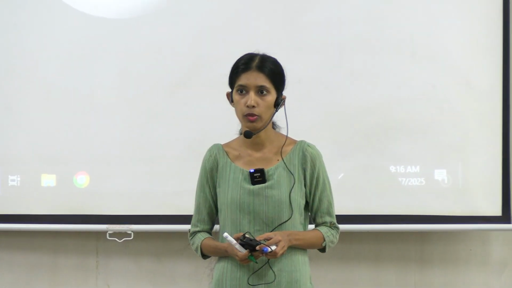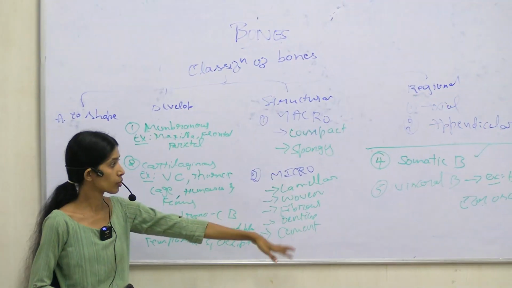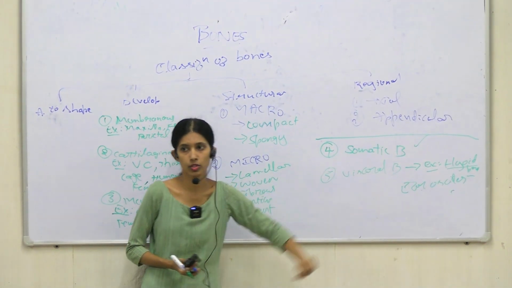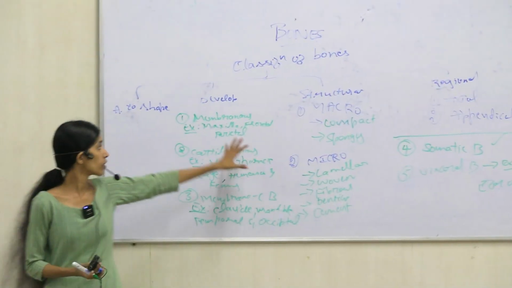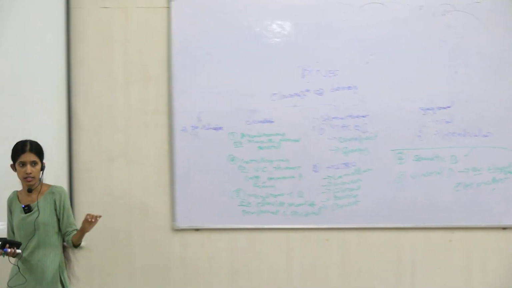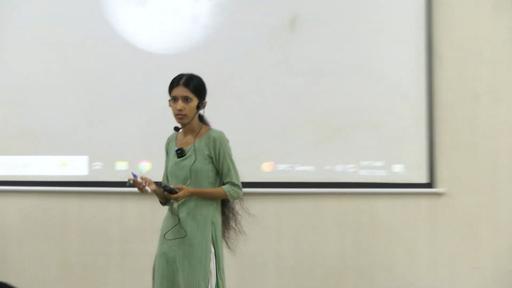Compact and spongy bone. What are the examples for compact and spongy bones? Was that not discussed in detail before? No. So, what you know about compact and spongy bone, tell me that first.